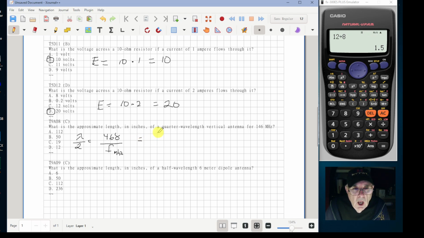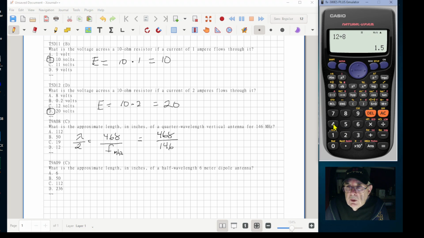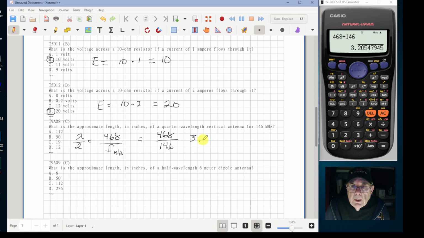We get 468 divided by 146 megahertz, and when we do that, this gives us, in feet, 3.2 feet for a half wavelength.